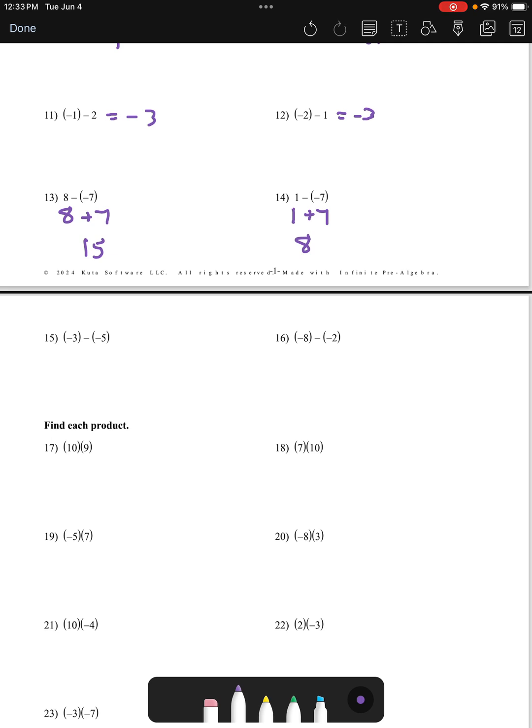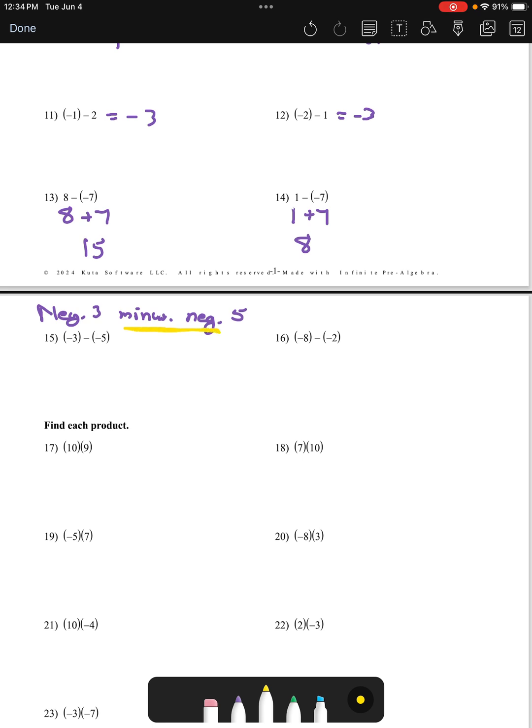Same thing happens on 15 and 16. We have this minus negative, but the first number is negative, and it won't change. Okay, I'm actually going to write this out with words real fast. So we have negative 3 minus negative 5.